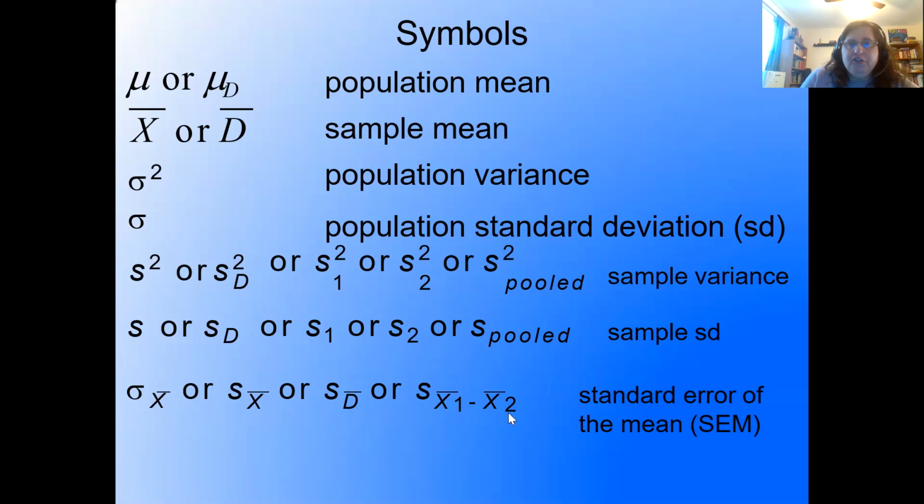All the others are sample standard errors of the mean, or sample standard error of the difference between means. But these are all samples. The S is sample, the sigma is population. So that's an important distinction to be made. All right, let's move on.